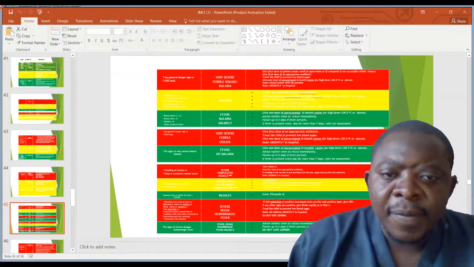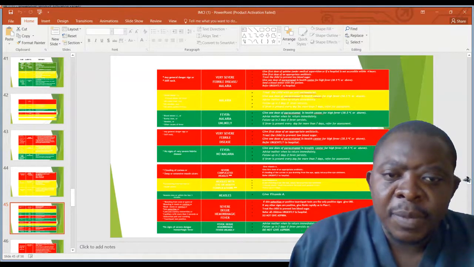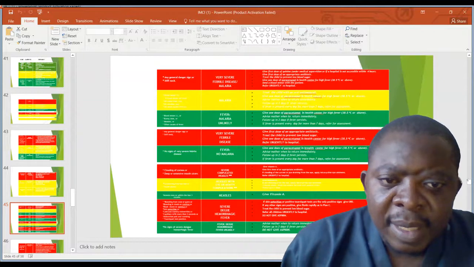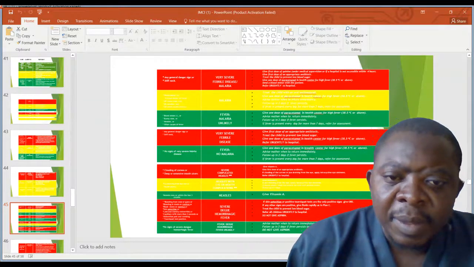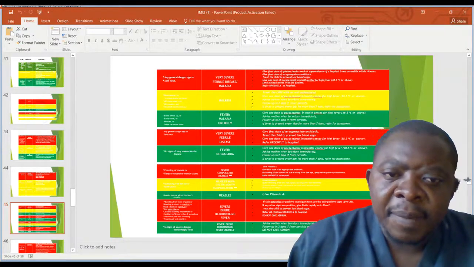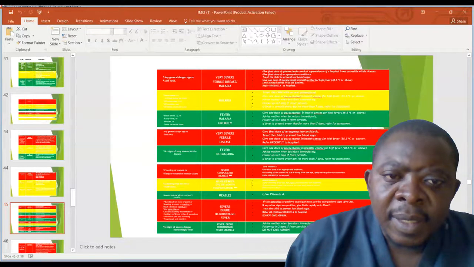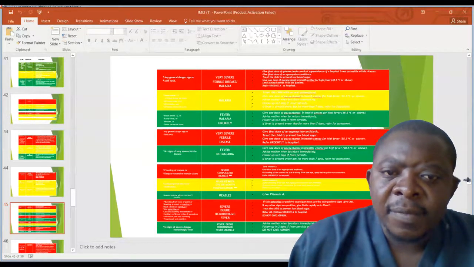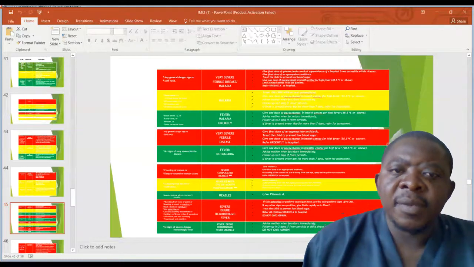And then for fever due to measles, we are looking at measles now or within 3 months, then that will be classified under green. So we say that is measles, and then give vitamin A. Then clouding of the cornea and deep extensive mouth ulcers will be classified under red.